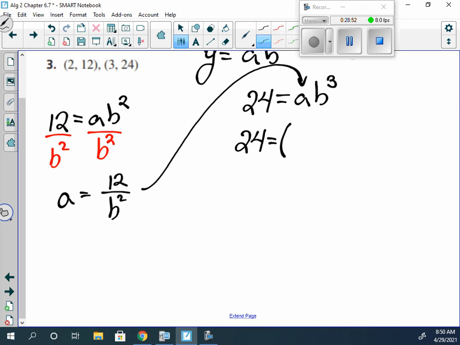Then 24 is equal to 12 divided by b squared times b to the third. So b to the third and b squared, so the b squared will simplify out two of the b to the thirds, which would just leave us with b.